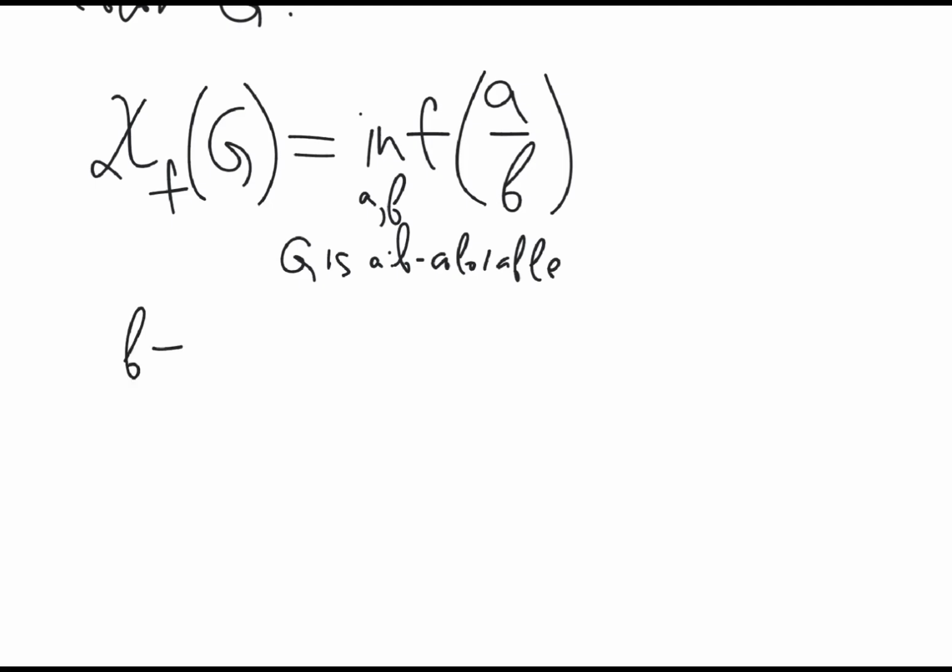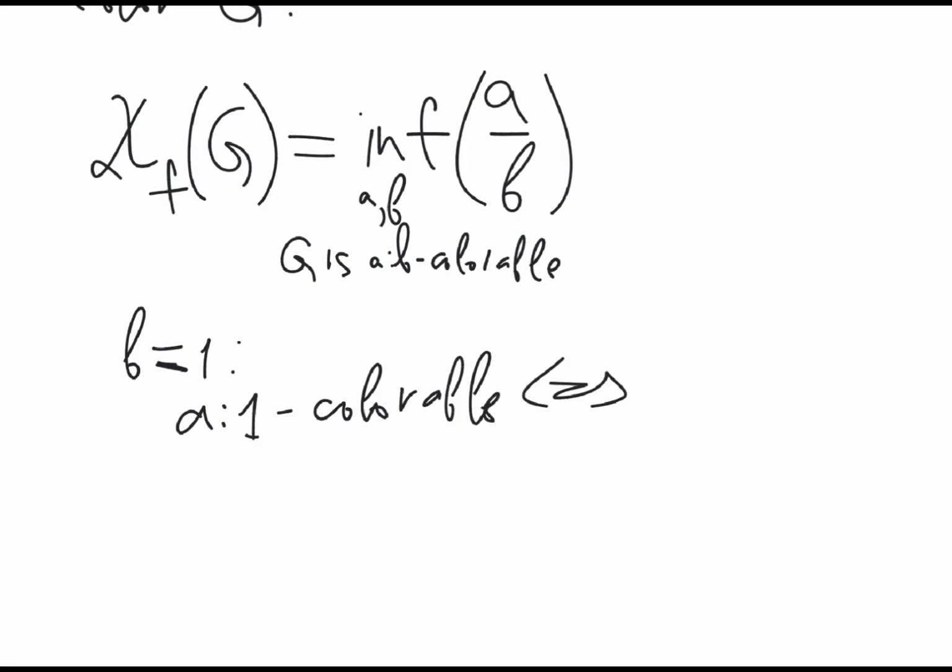we can set b to 1. So if we set b equal to 1, then we consider a set of parameters a, with b equal to 1, such that G is a colon 1 colorable. It's the same as just regular proper a colorable, right?